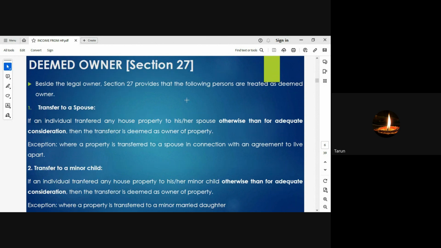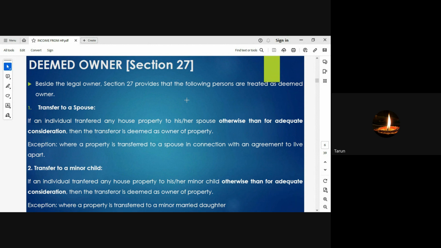Next is deemed owner, that is section 27. A deemed owner who has a legal right to the property can transfer his property to his spouse or wife. He can also transfer his property or land to a minor child or a major child, right?